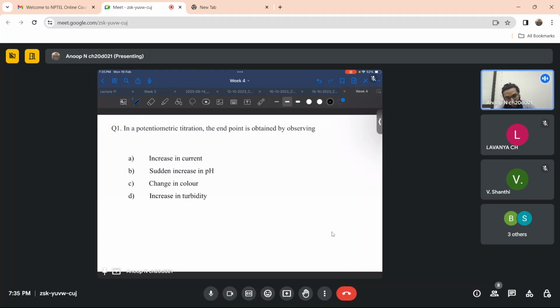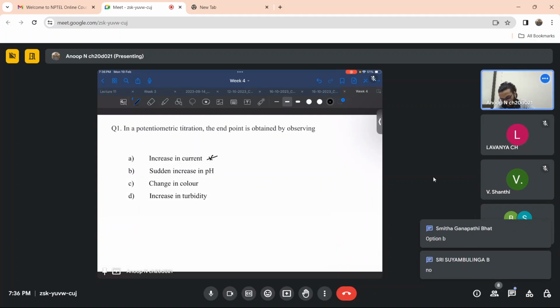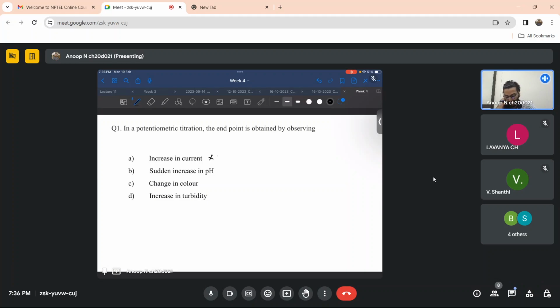Adding NaOH slowly and seeing the change in pH. When we had a small change and then a sudden increase, we were seeing the endpoint. So the option is sudden increase in pH.